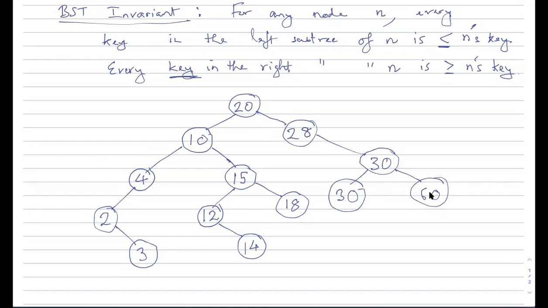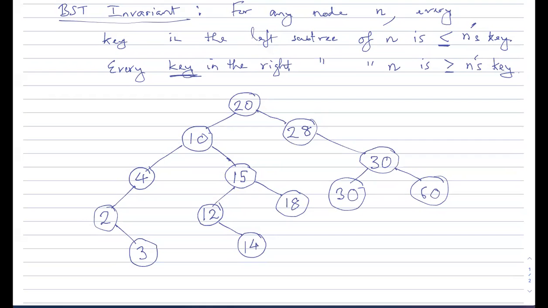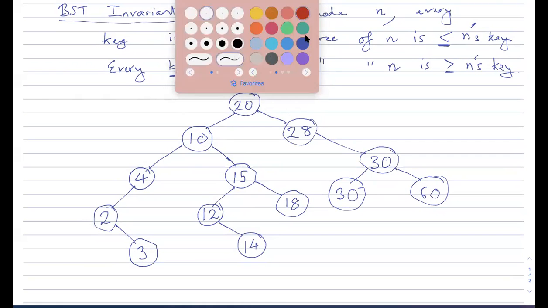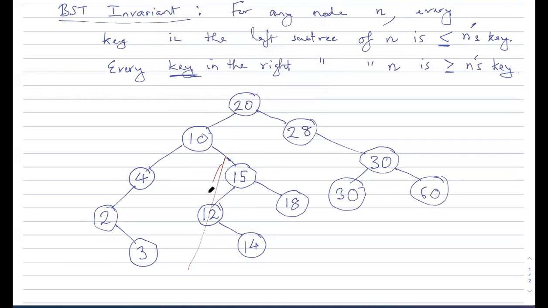No problem. So now you can see, take any node. Let's say if I take 10, right? Whatever is there on the right subtree is greater than 10.